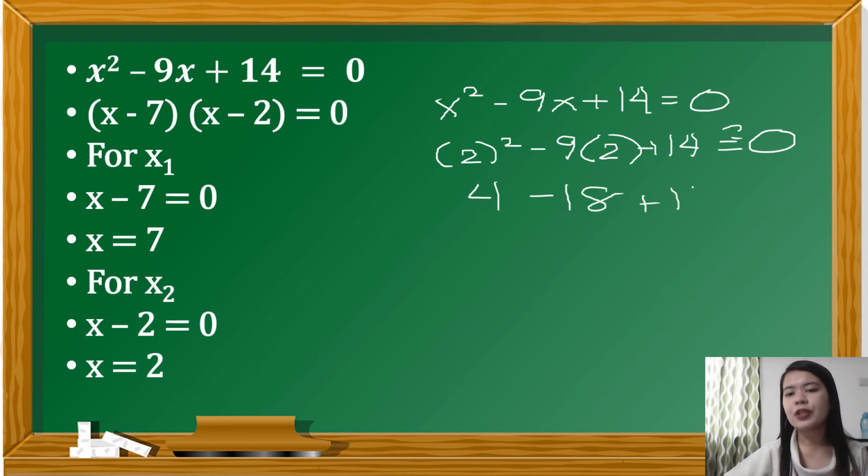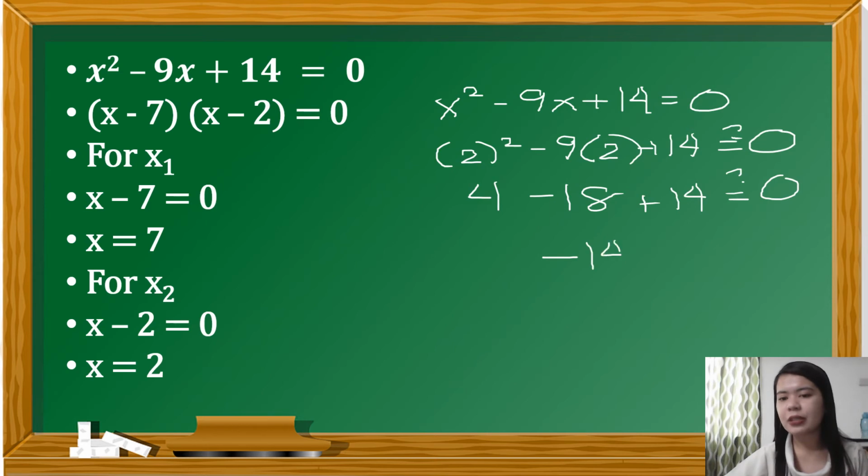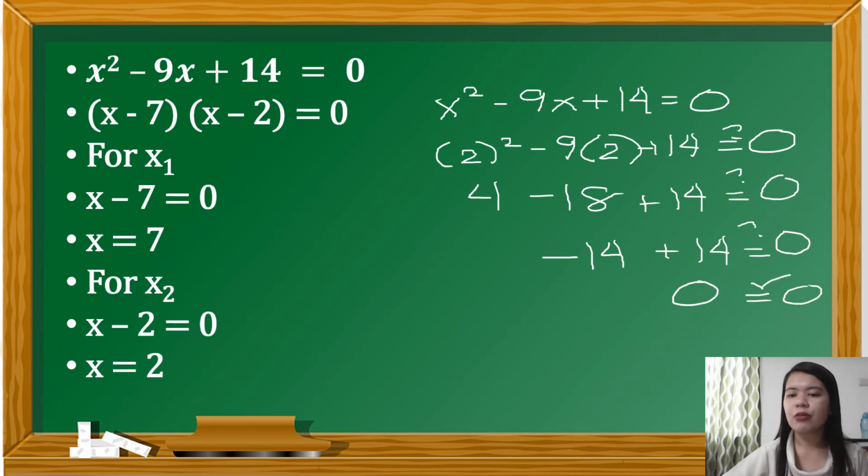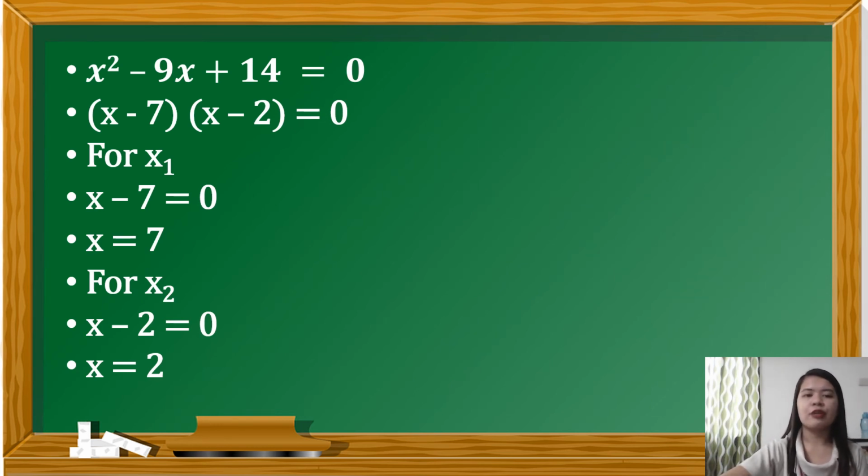Plus 14. 4 minus 18 is negative 14. Plus 14. Negative 14 plus 14 is 0. 0 is equal to 0, meaning our second value of x is also correct. So, for our answer, we have x equals 7 and x equals 2.